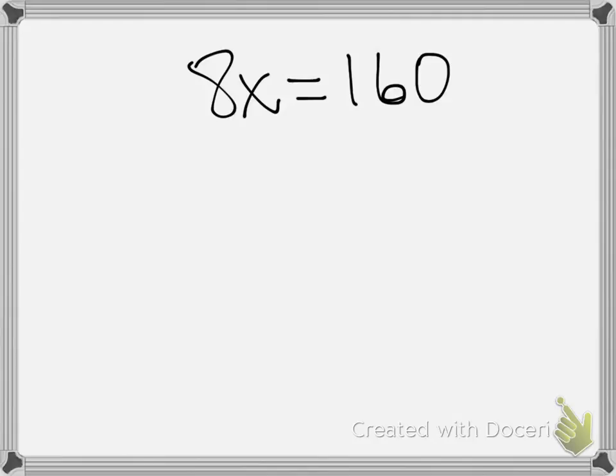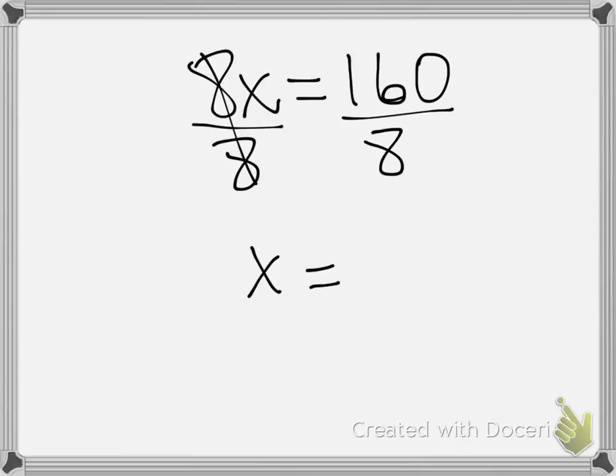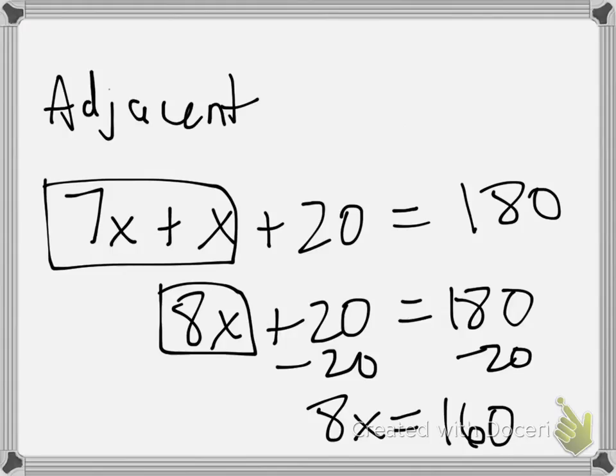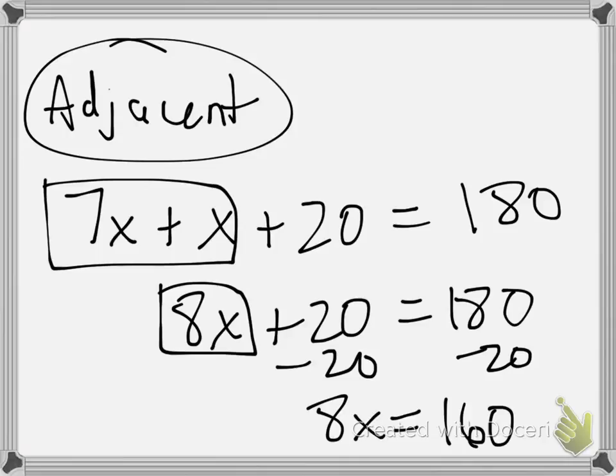So if I divide by 8 on both sides, x equals 20. So 160 divided by 8 is 20. So 2 answers again. We have x equals 20, and then also adjacent. So make sure we realize that there are 2 answers there. Alright, so you get started on your practice. Make sure you take your time and give it your best.